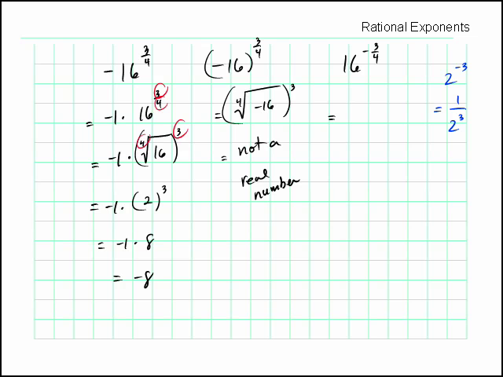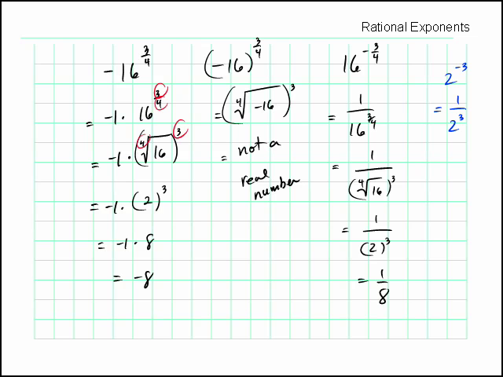Same thing here. 16 to the negative 3/4. To make the exponent positive, I flip it over. It's 1 over 16 now to the positive 3/4 power. That is 1 over the 4th root of 16 cubed, which is 1 over 2 cubed, and my answer is 1/8.